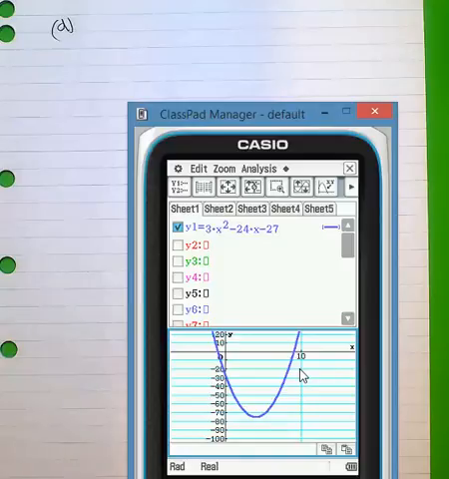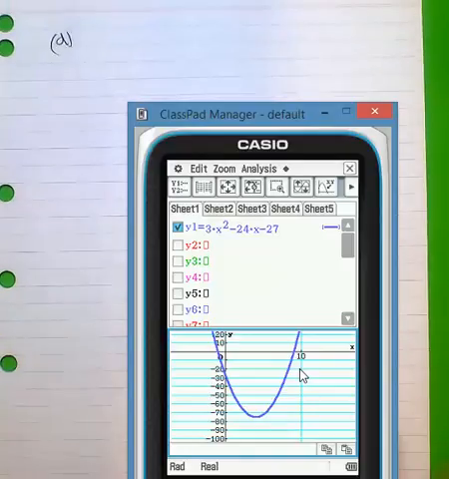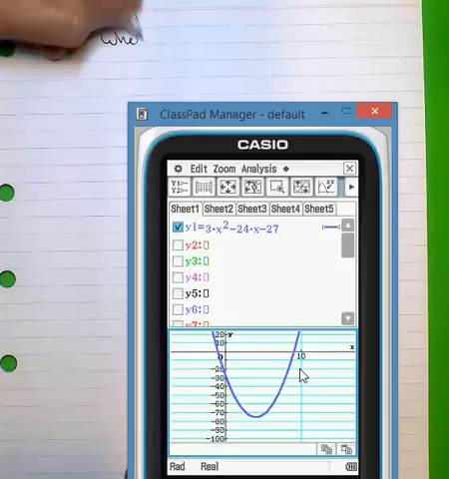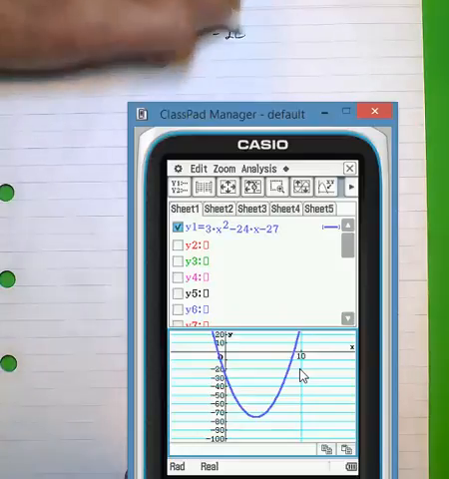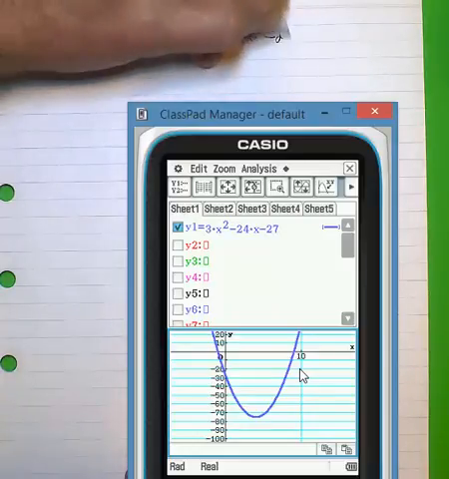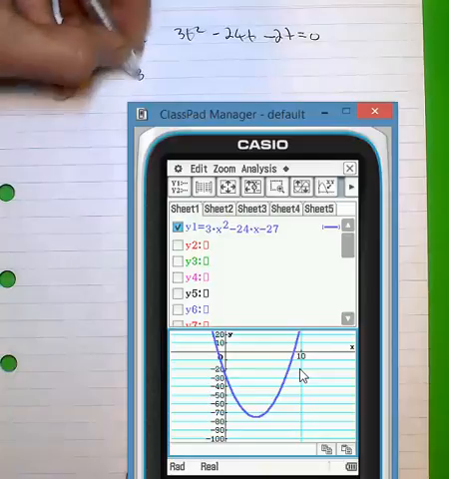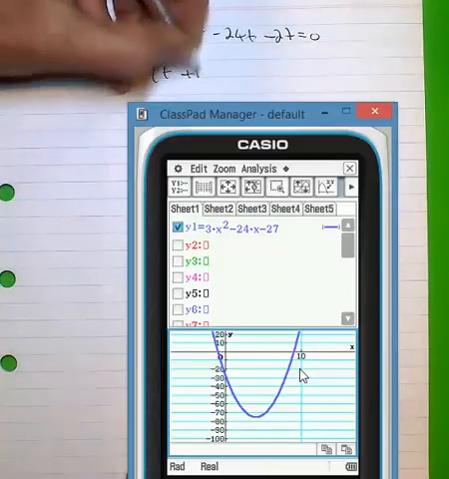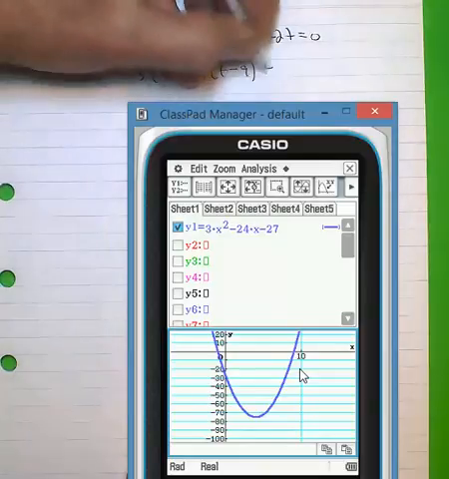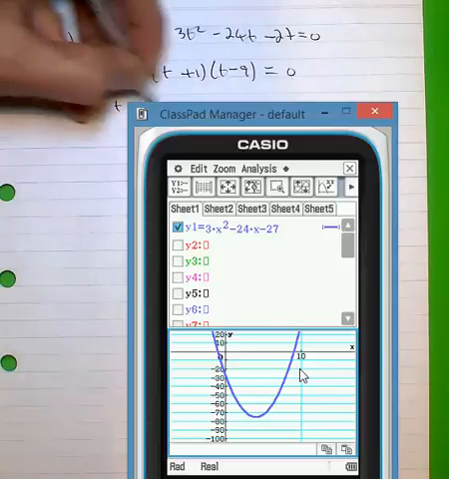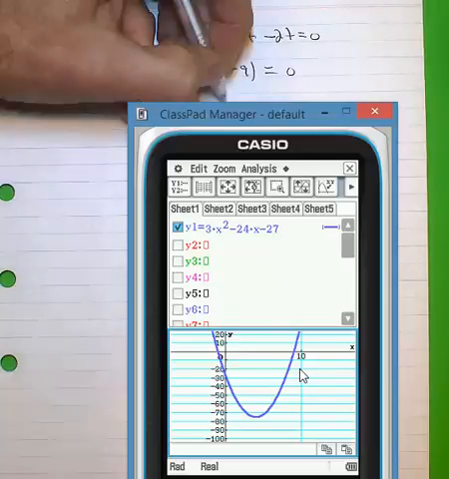So what I will do is find the zeros formally. When I factorise that, that's t plus 1, times t minus 9, is equal to 0, which gives negative 1, which is before we studied the motion.